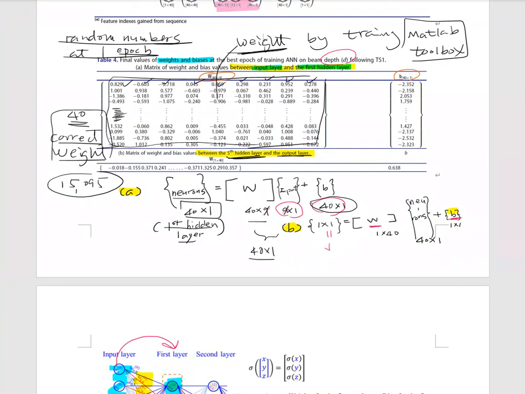So this is D. Okay, and we have here a 1 by 1 bias matrix, and we have neuron values of the previous hidden layer. This is the previous hidden layer, which is the fifth, isn't it? Because we know that D has 5 hidden layers.